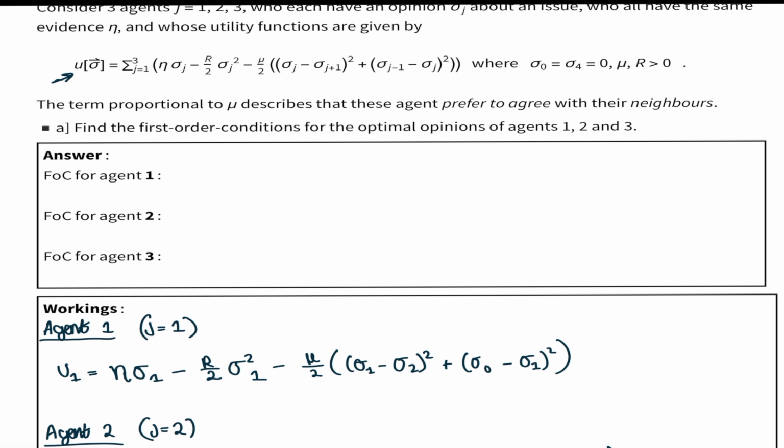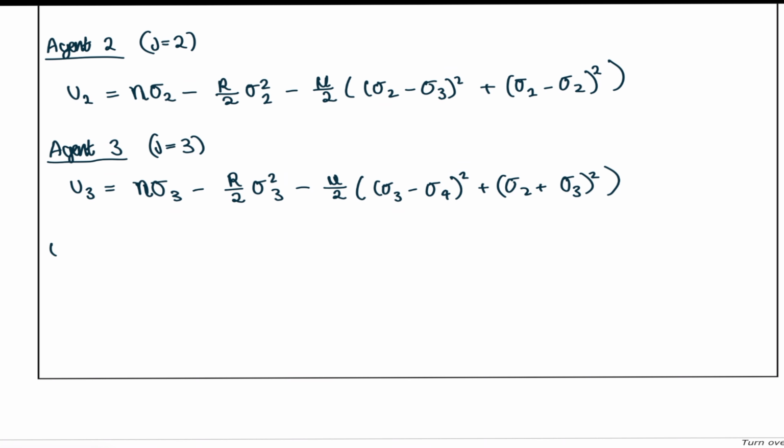So now if we go back to the utility function, our utility function is saying that when we work out the individual utility functions for agent 1, 2, and 3, we need to sum them together to find this whole utility function. So u, which is a function of the vector sigma, is going to be equal to u1 plus u2 plus u3.